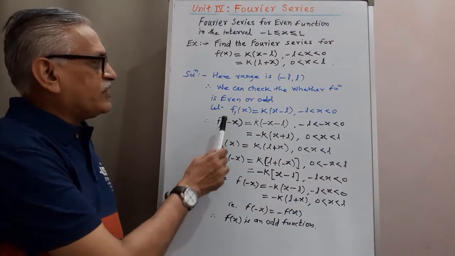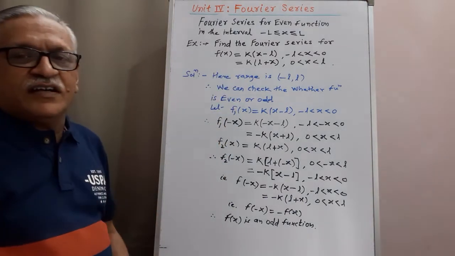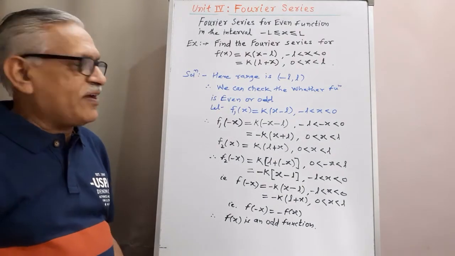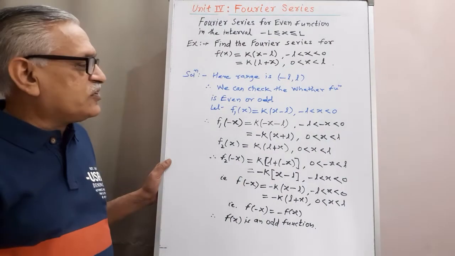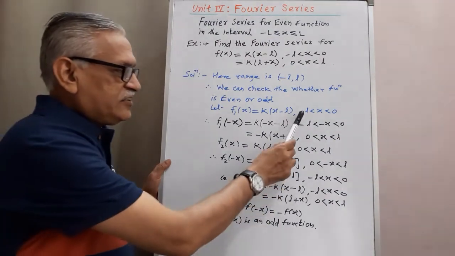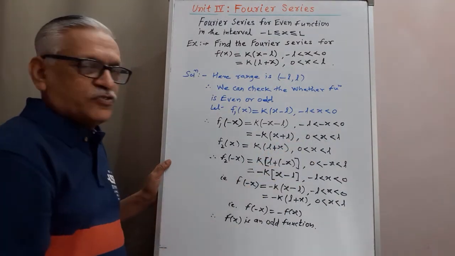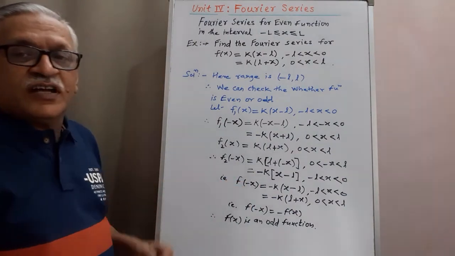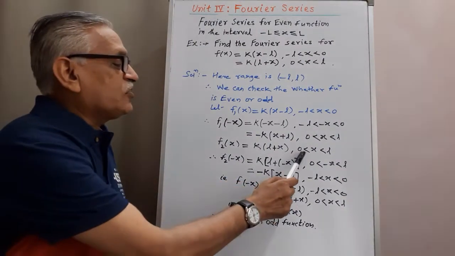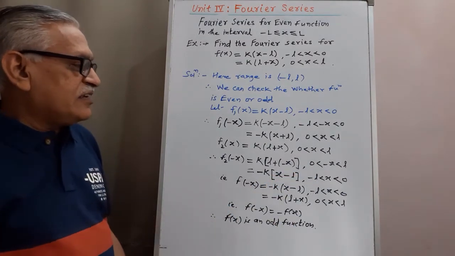For that, we consider that the function has two values. Let f1(x) = k(x − L), range −L < x < 0, and f2(x) = k(L + x), 0 < x < L.